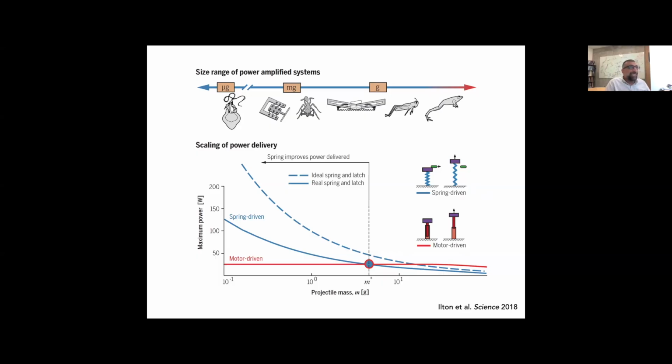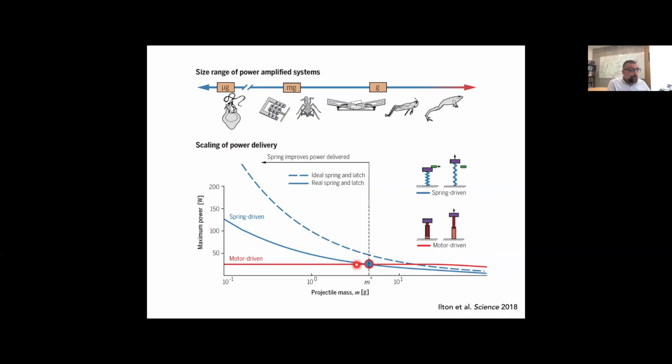What we found was that if you are small, springs make a ton of sense, and your power outputs being spring driven significantly outperform muscle-driven behavior where you're directly actuating the system with skeletal muscles.